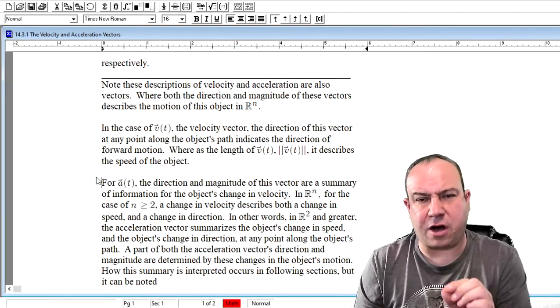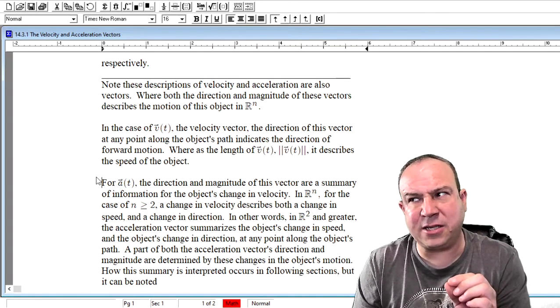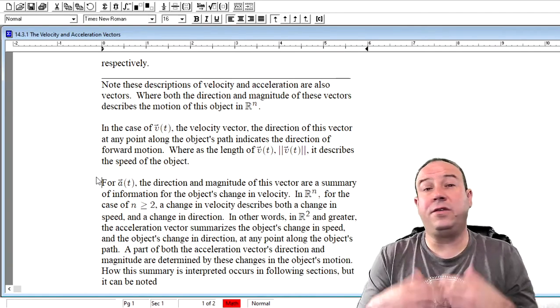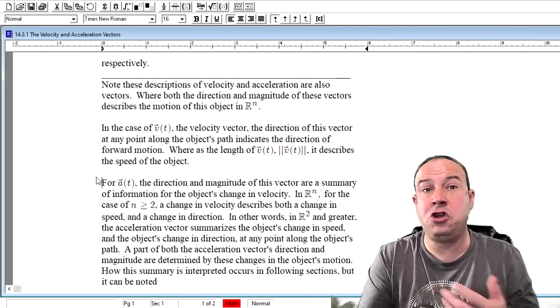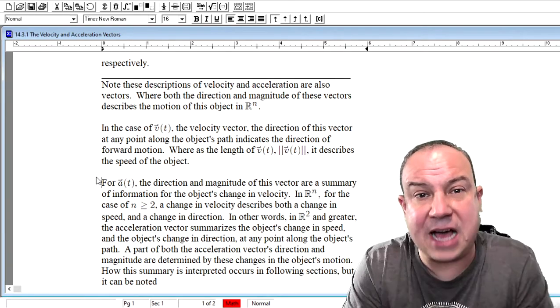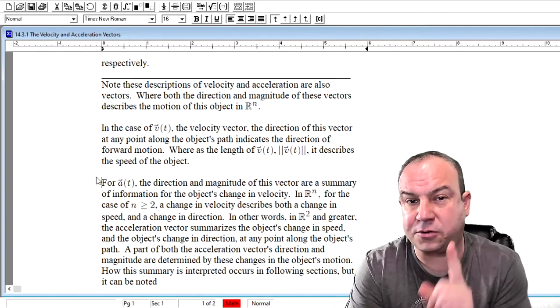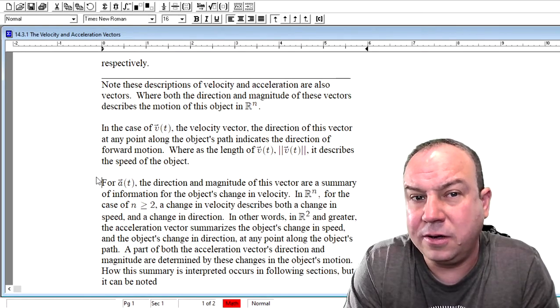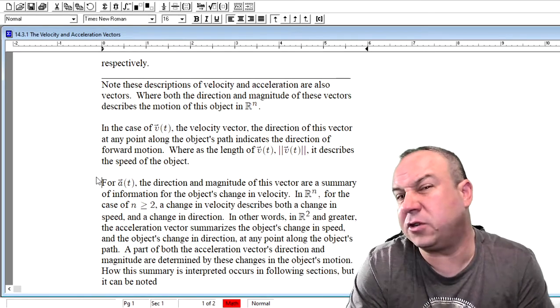If you're in your car driving at 60 miles per hour on a straight path, you will feel no change in velocity if you're driving along a straight path at a constant rate of 60 miles per hour, right? It would almost feel as if you're standing still.